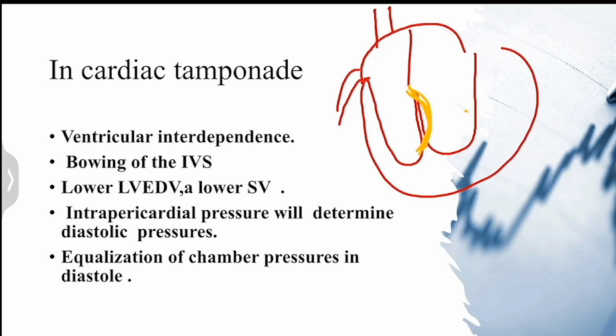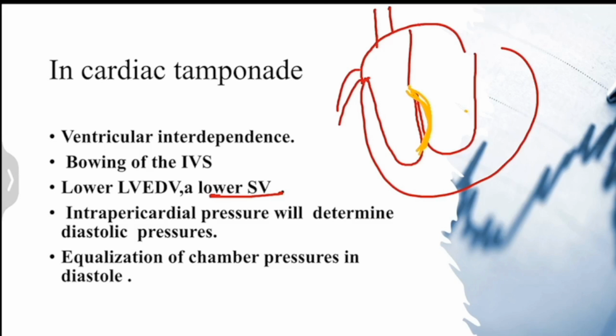This will lead to lowering of the end diastolic volume of the left ventricle. So left ventricular end diastolic volume decreases because of this bulging. This will lead to a decrease in the stroke volume because the left ventricular content is less. And that is the second reason.